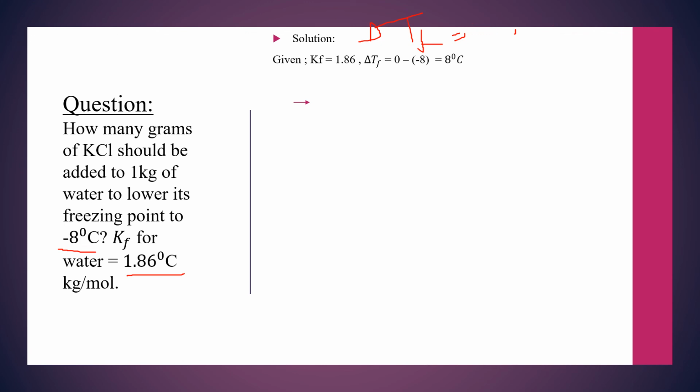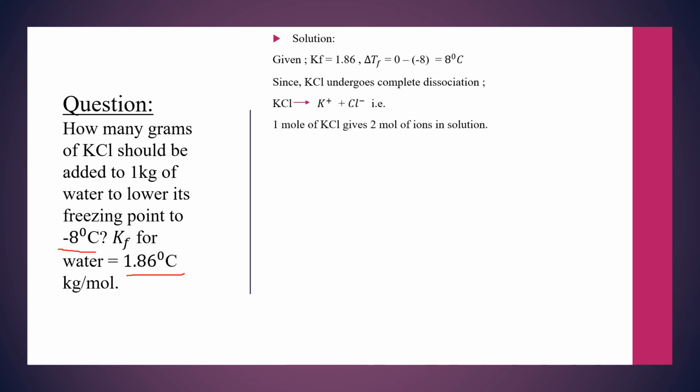So delta Tf will be equal to 0 minus minus 8, so delta Tf is 8 degrees Celsius. Since KCl undergoes complete dissociation, KCl gives K positive plus Cl negative. That is, 1 mole of KCl gives 2 moles of ions in the solution because it is getting dissociated.